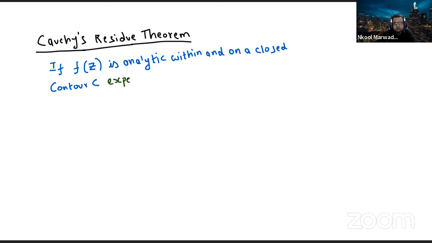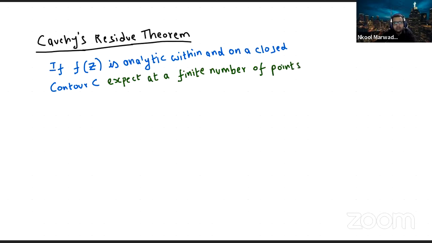Except at a finite number of points. So if in the given problem we have some points where the function is not analytic, and those points, let us take it like z1, z2, zn.